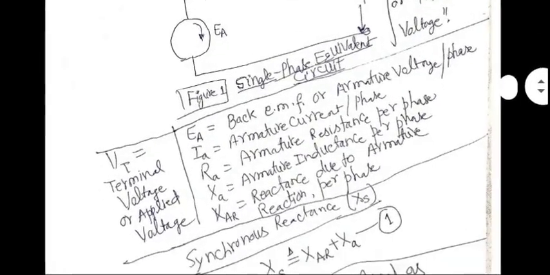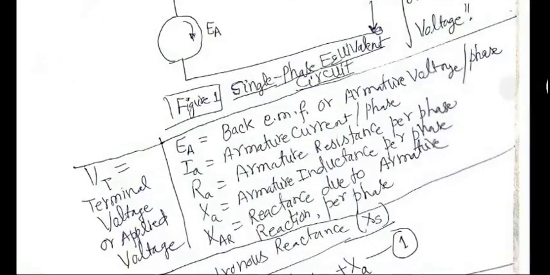These are the formal definitions of the parameters. EA is back EMF or armature voltage per phase. IA is the armature current per phase. RA is the armature resistance per phase. XA is the armature, sorry, not inductance. It should be, there's a mistake here. Armature reactance per phase.